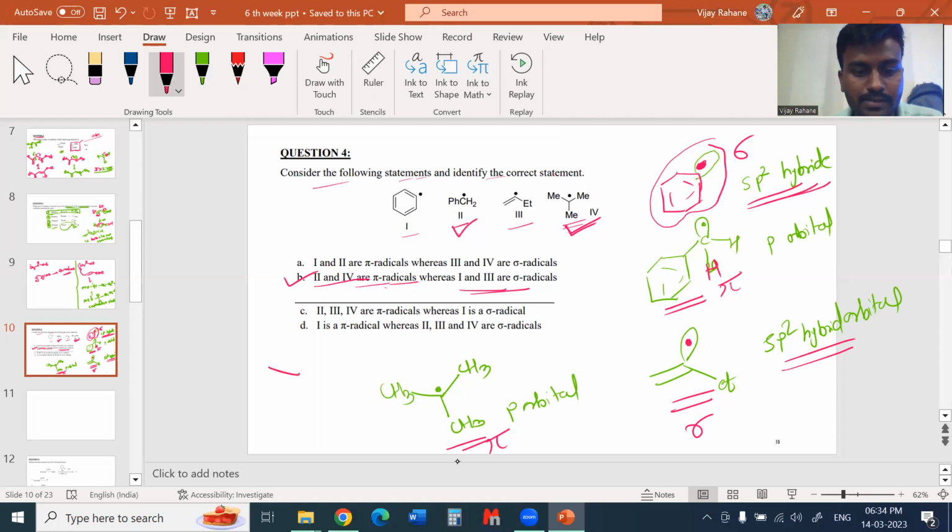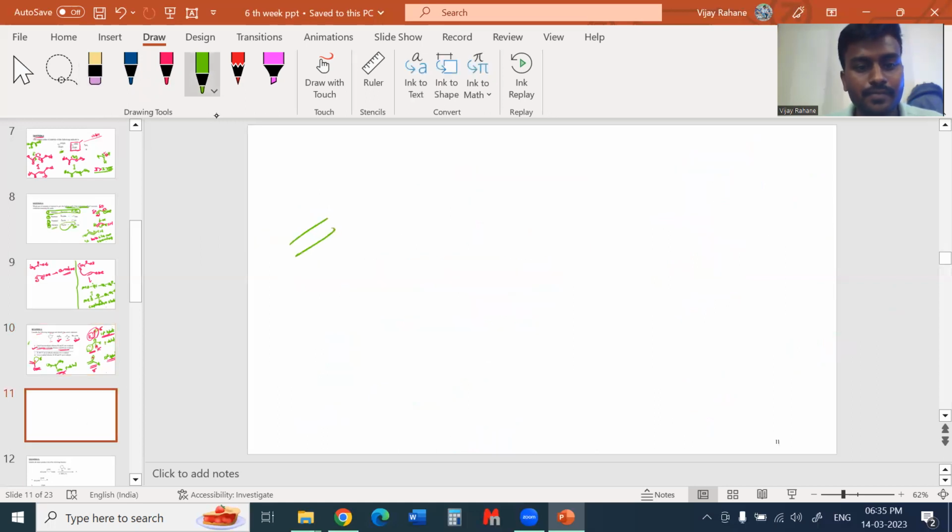If there is another example, suppose there is an OMe, right? And the radical is here, then this radical is also a sigma radical. And any kind of radical like this secondary radical, if it lies away from... I'll write this on the next page so it will not get congested.